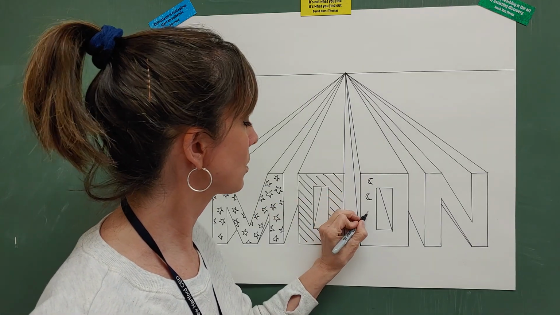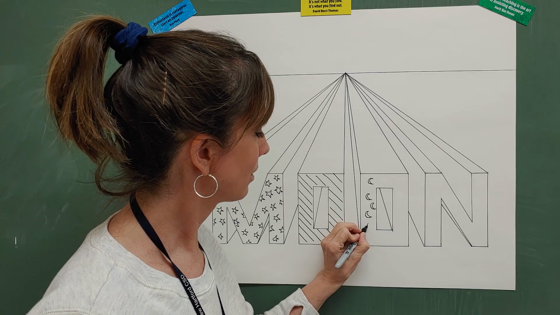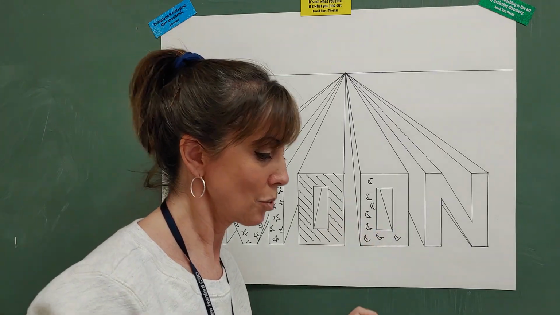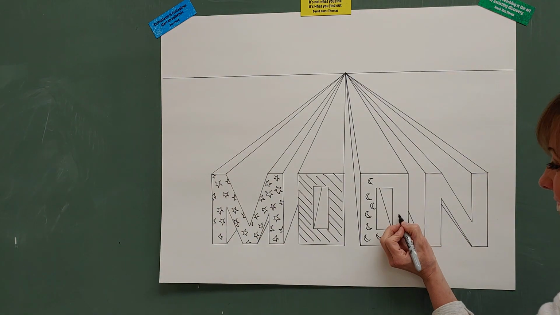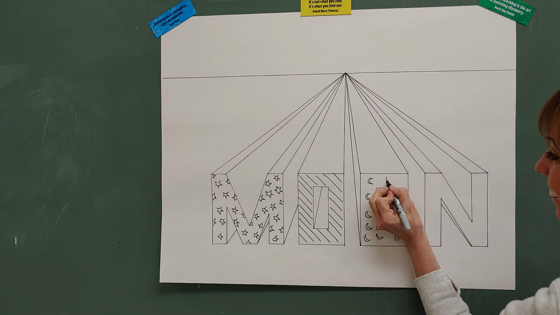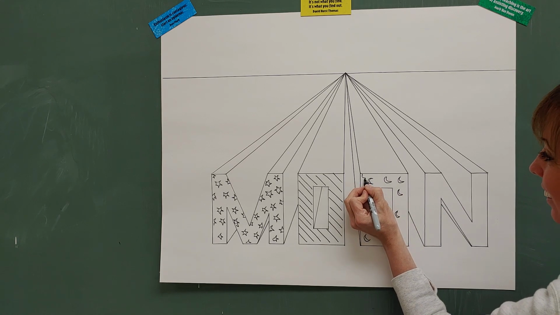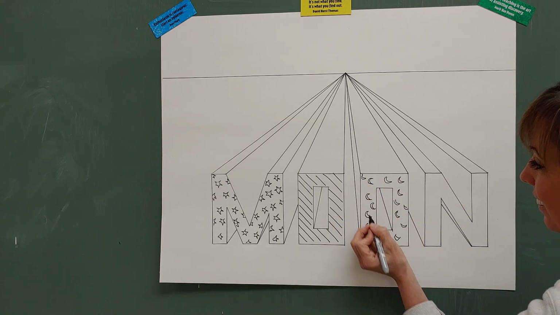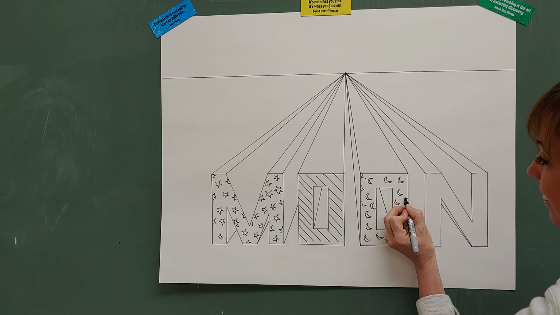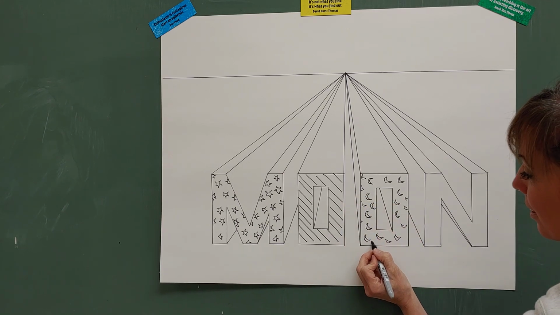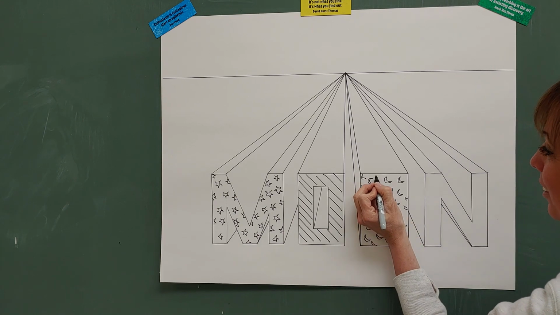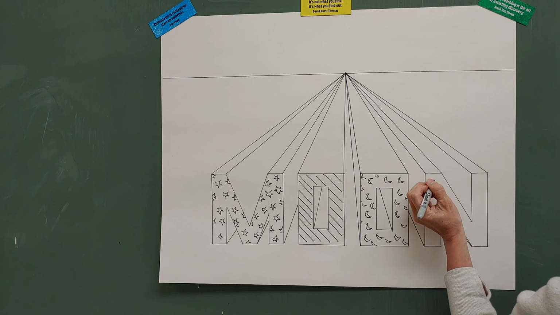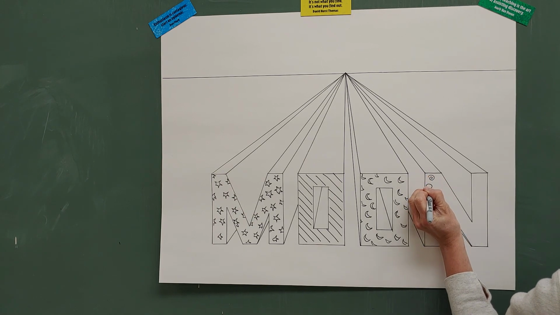We got stars and moons. Maybe they're bananas. They look like they could be bananas. Okay, and then the last one, let's do just some fun little spirals.